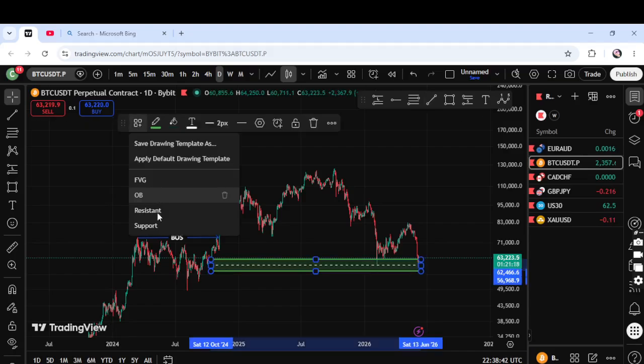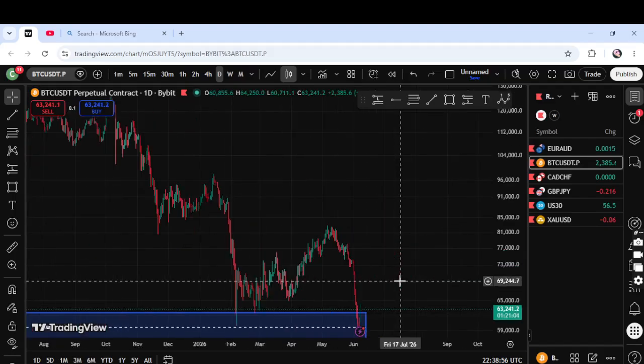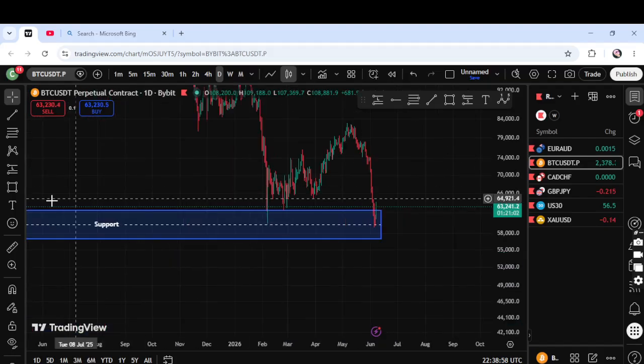I don't fully believe in the support level. I think it will also come down a little bit here. But we don't trade the imagination. We trade what we see.